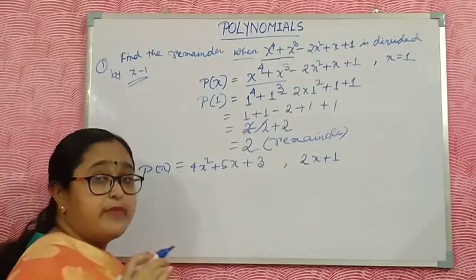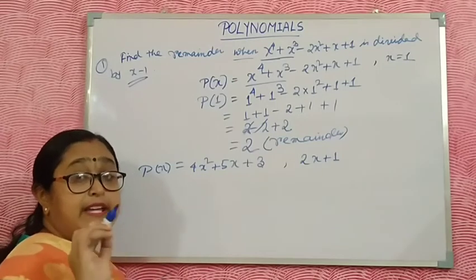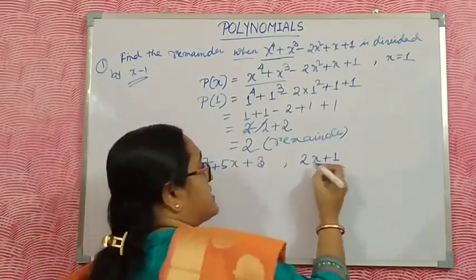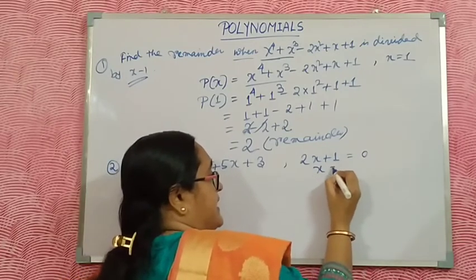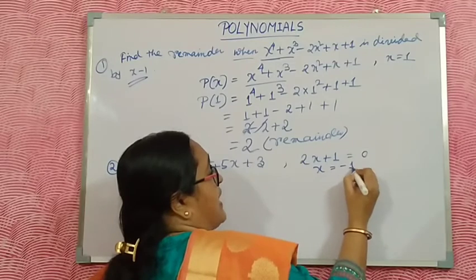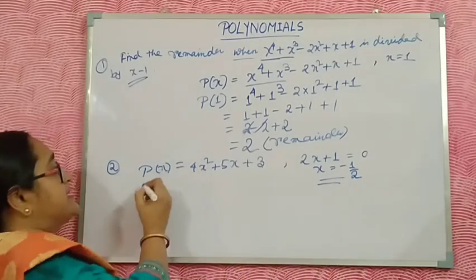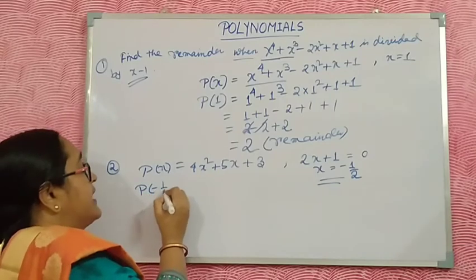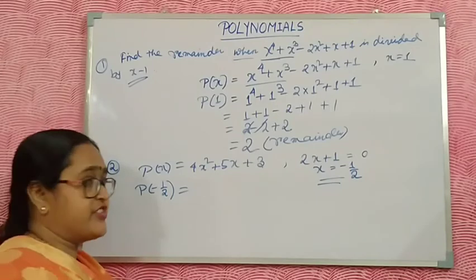The remainder theorem says p of a when divided by x minus a. Then you just think about this: 2x plus 1 is 0, so you find x equal to minus 1 by 2. When you put x equal to minus half in the given polynomial, you will get the remainder without division.